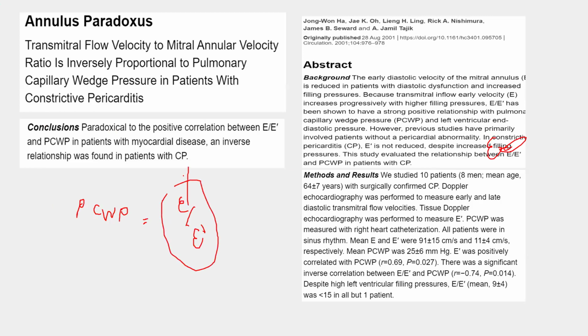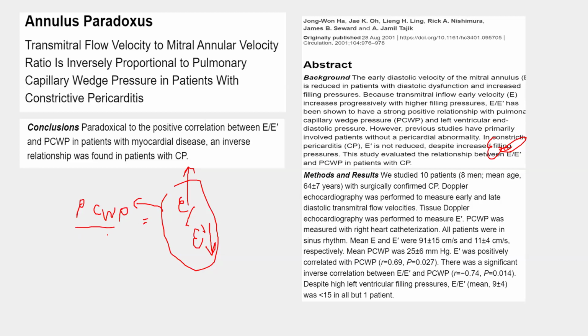So as E increases and as E prime decreases, the pulmonary capillary wedge increases. يبقى مع كل ما الريشيو يزيد كل ما الpulmonary capillary wedge pressure يزيد. يبقى relation between E over E prime ratio and the pulmonary capillary wedge is direct proportional relationship.